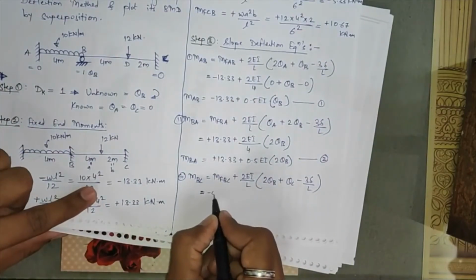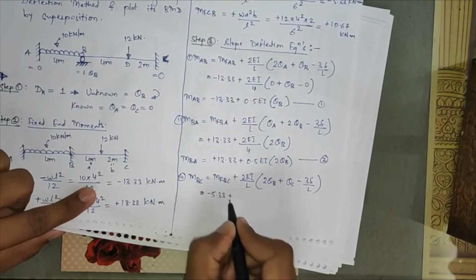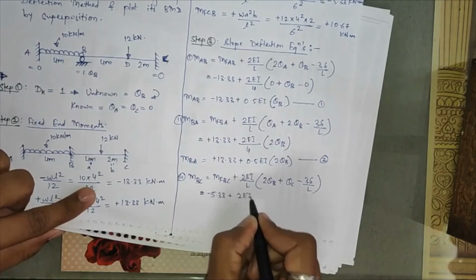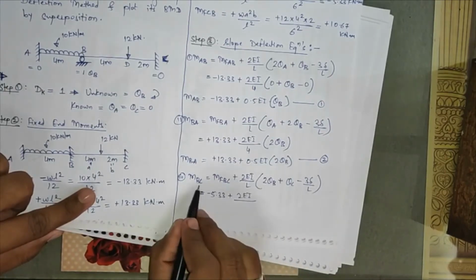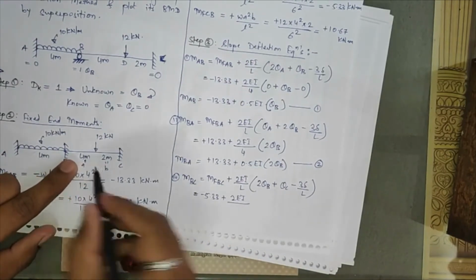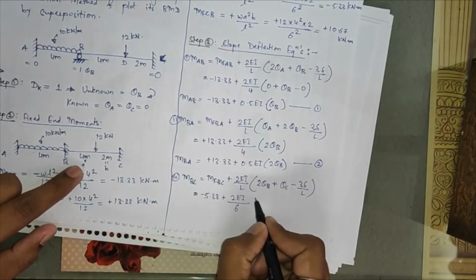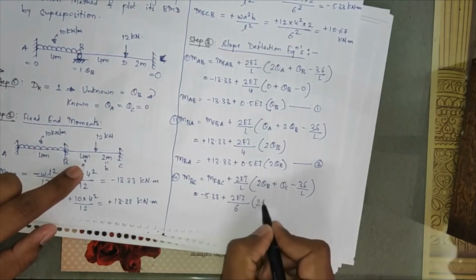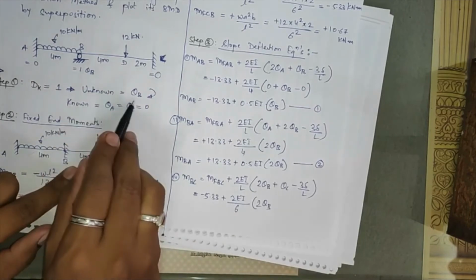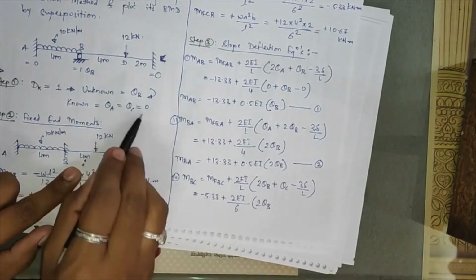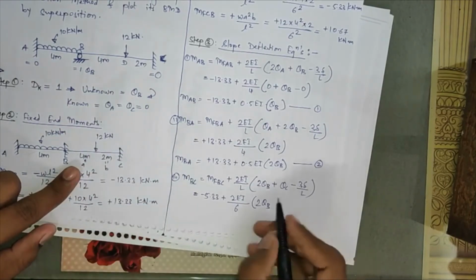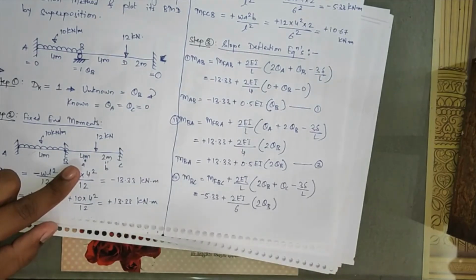So I'll get minus 5.33 plus 2EI divided by, now L is of member BC, so that is equal to 4 plus 2, that comes equal to 6, into bracket 2 times of theta B, that is your basic unknown value, so it will remain as it is. Theta C value is equal to 0, and delta is also 0, so this will end over here.